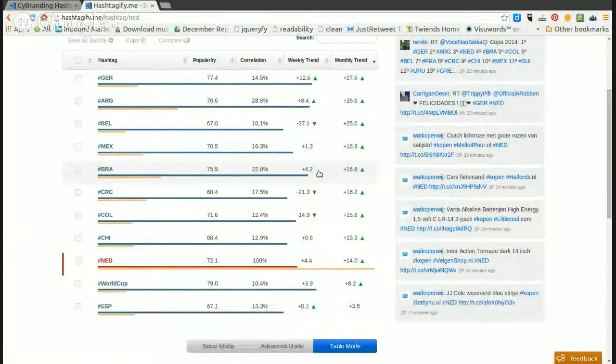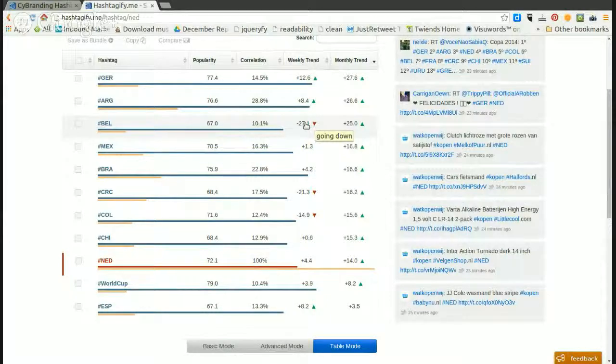For example, you could find 3 hashtags which are equally popular right now, but you could find out that one is trending strongly. For example, you can see Germany here. It is plus 12.6 in the weekly trend and plus 27.3 in popularity in the monthly trend. While, for example, Belgium, okay, here it is not very significant.